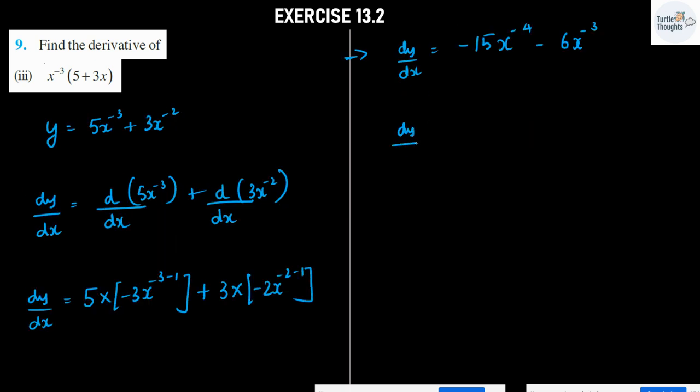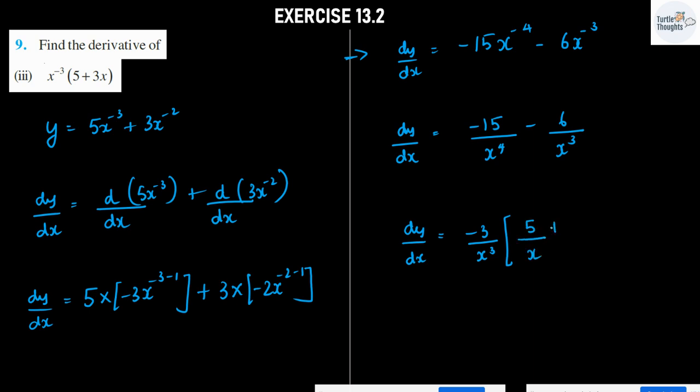Using the same thing, I can write over here dy by dx as minus 15 divided by x raised to the power plus 4 minus 6 divided by x raised to the power plus 3. Can you take anything common over here? dy by dx can be written as, you can take minus 3 over x cube as common, and here you can write 5 divided by x plus 2, and that will be your answer.